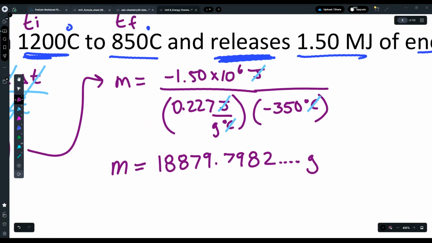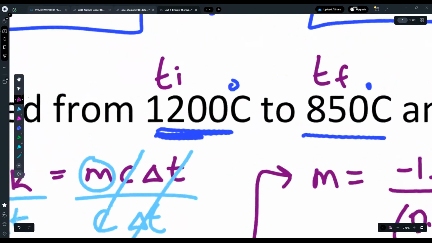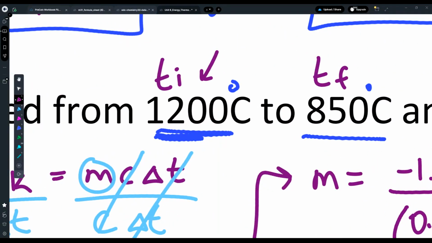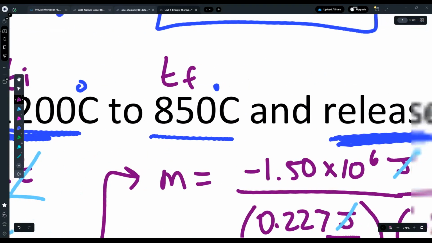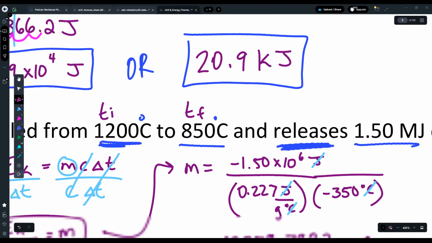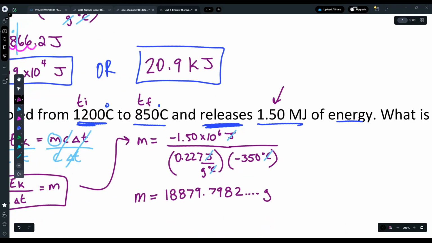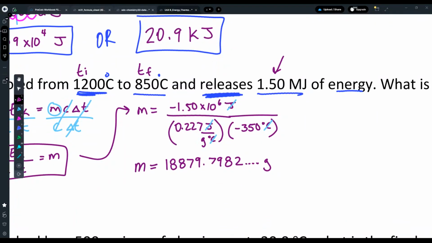All right, so let's look at the values given to us. 1200 here has 4 sig digs because the zeros are trailing zeros, so they count as well. This has 3 sig digs in it, and same with this. This has 3 sig digs as well. So we always go with the least amount of sig digs, so we need to report this in 3 sig digs.